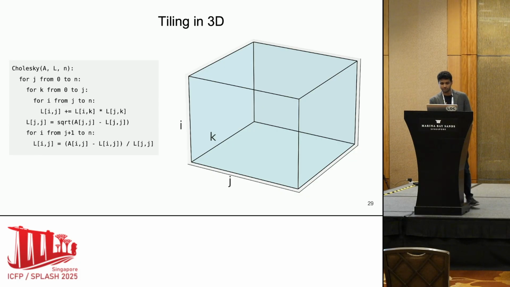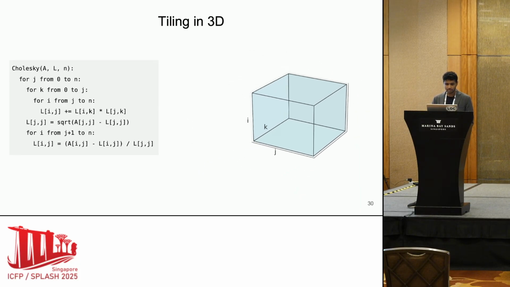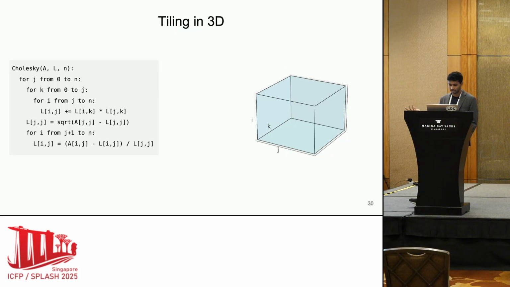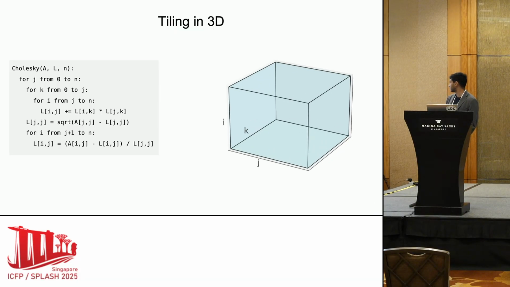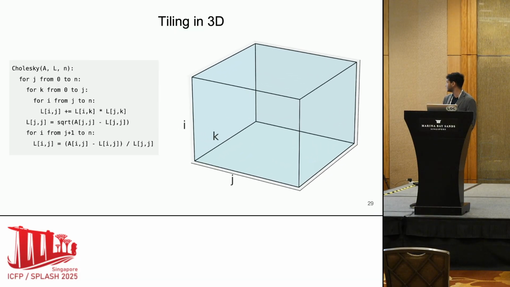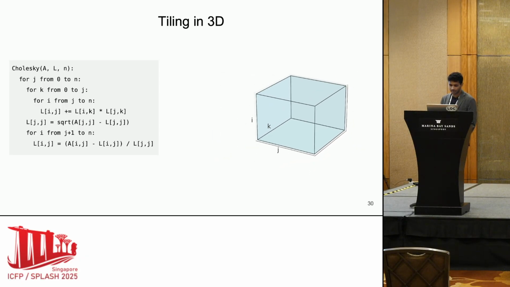I've shown one version of Cholesky to the left. The main takeaway is that it's a triply nested loop, right? So it has a 3D iteration space, which I'm just going to visualize with the cube to the right. Each tile is also going to be 3D, so it'll just be smaller. So I'll represent every tile with just a smaller version of that cube. So there's the global iteration space, and here's just the subspace of that.